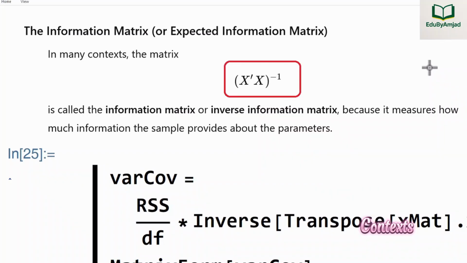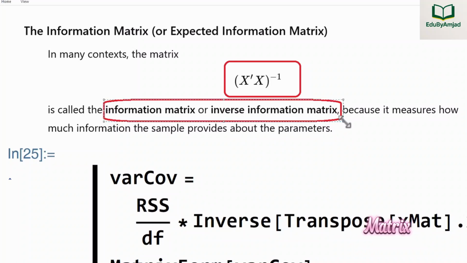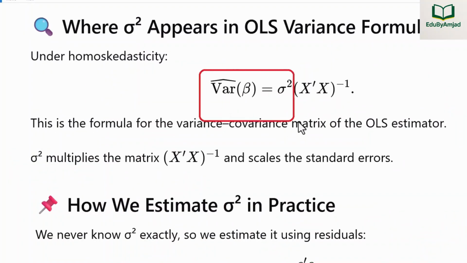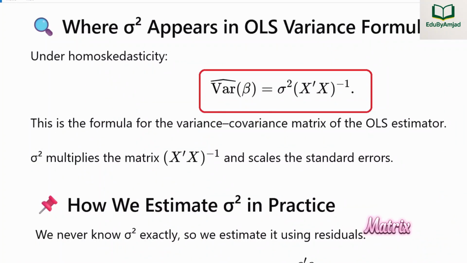In many contexts, the inverse of x prime x is called the information matrix, or the inverse Fisher information matrix, because it measures how much information the sample provides about the parameters. Under OLS, the variance-covariance matrix of the regression coefficients equals sigma squared multiplied by the information matrix.